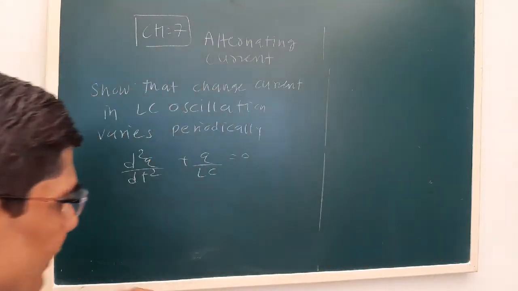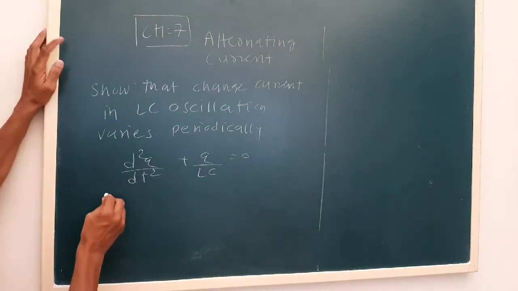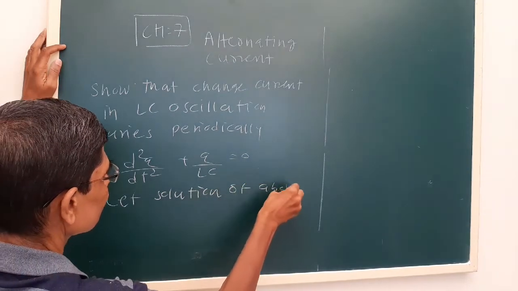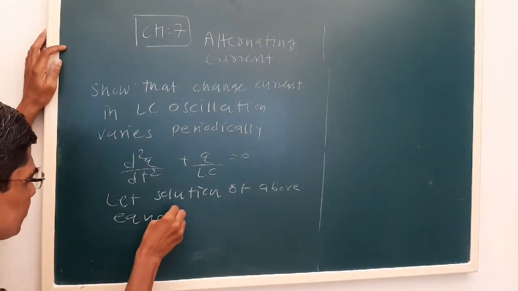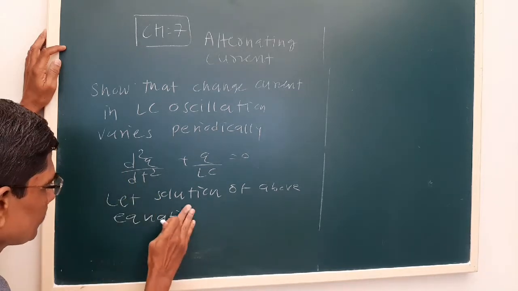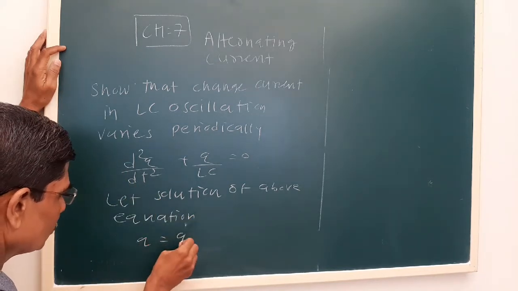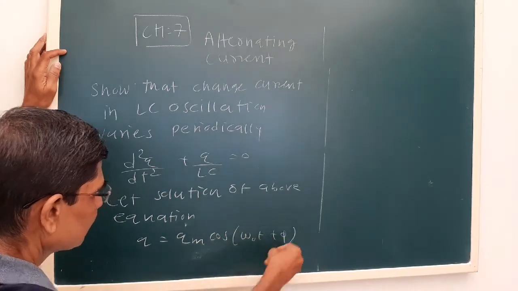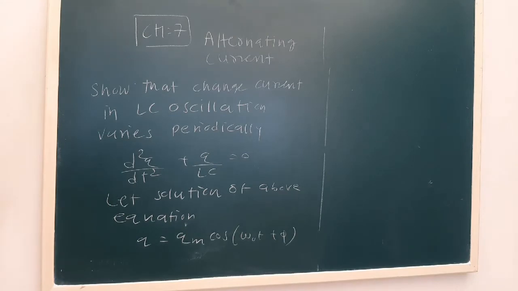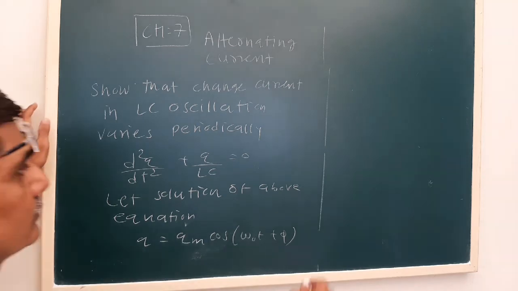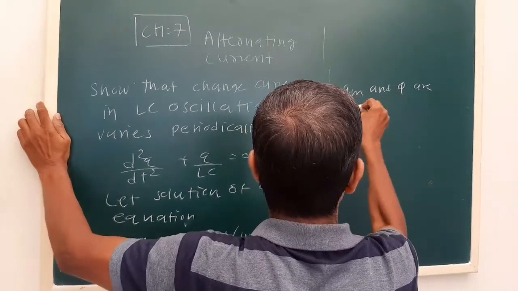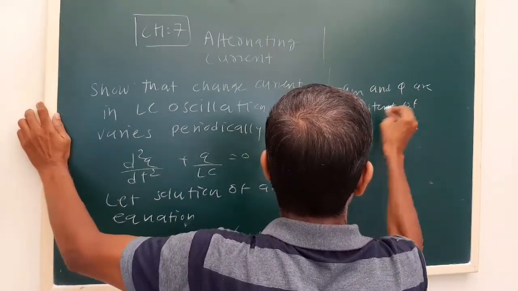So here we assume, let the solution of the above equation be q is equal to qm cos of omega 0 t plus phi. Here qm and phi are constants of the equation.